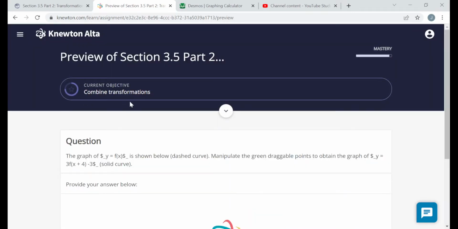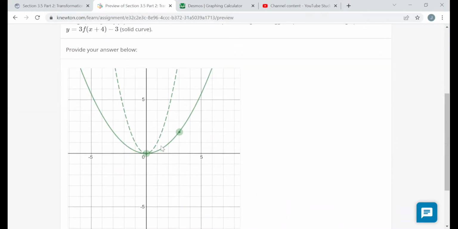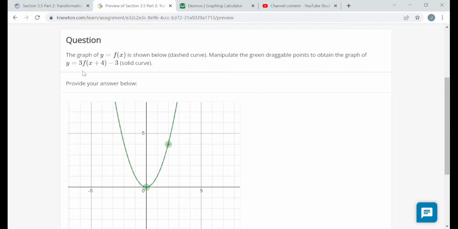All right, then combine transformations yet again. This time, doing the outside again, I'll have the curves match up first. Then we've got the times 3. That's going to cause a vertical stretch by a factor of 3. So (0, 0) is going to stay at (0, 0). (1, 1) will go to (1, 3).